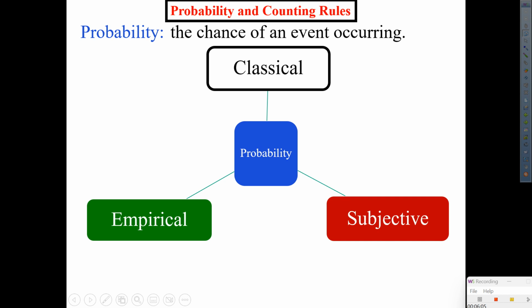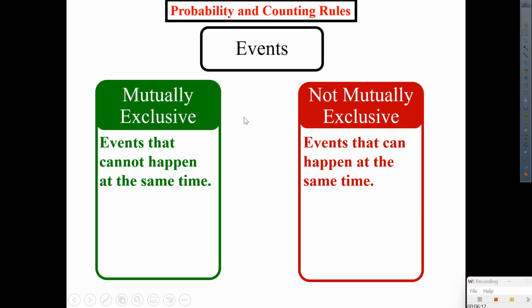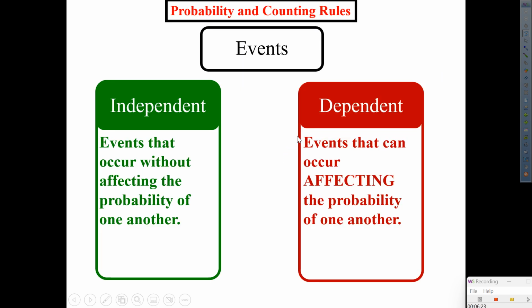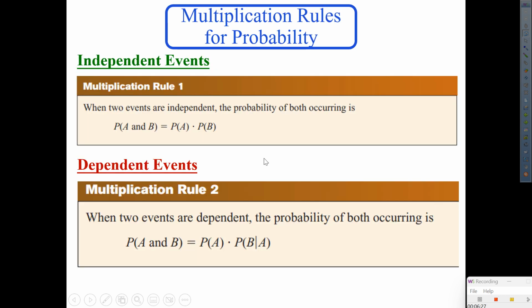Chance of an event occurring, and the three different probabilities are classical, empirical, and subjective. From there we went to events. We talked about mutually exclusive and not mutually exclusive. We introduced the rules for addition. Then we went to more events, independent and dependent. From there we introduced the multiplication rules of probability. So today we're going to add one more.